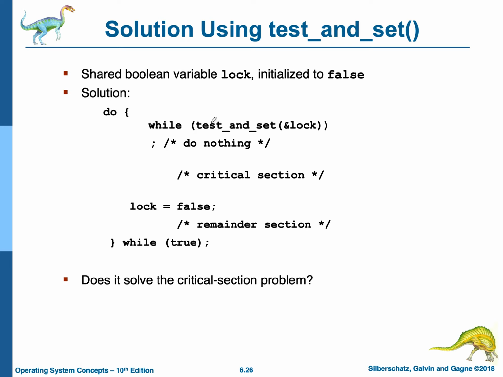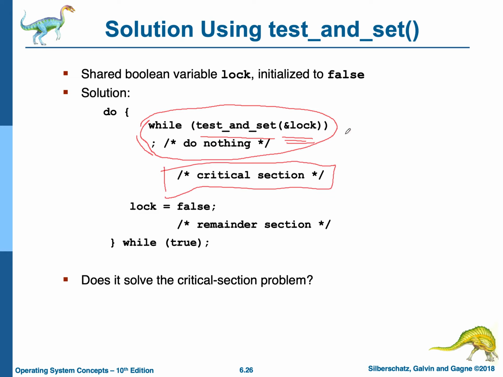Now here, if we see, this is the same test and set, but we check this through the lock, whether it is locked or not. If it is not locked, then the critical section will never come, right? If it is locked, then the critical section will execute, okay, and if not locked, then it will keep on spinning here.